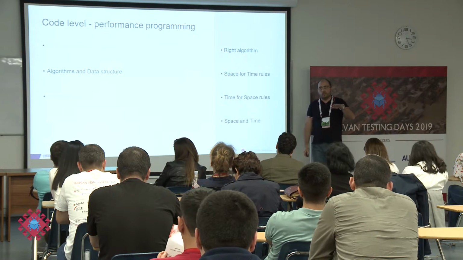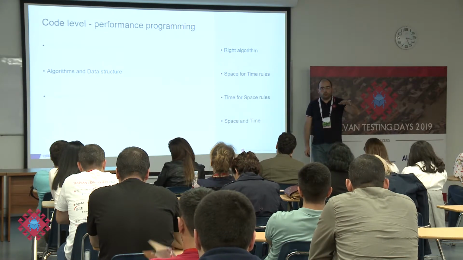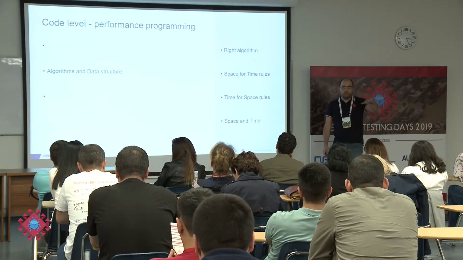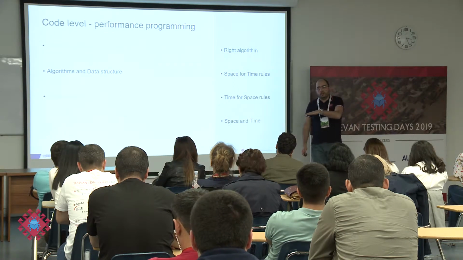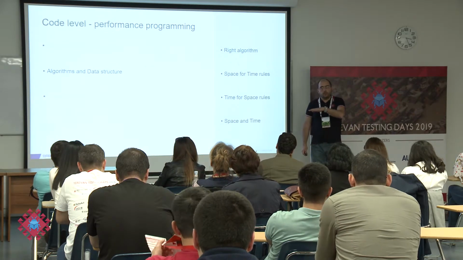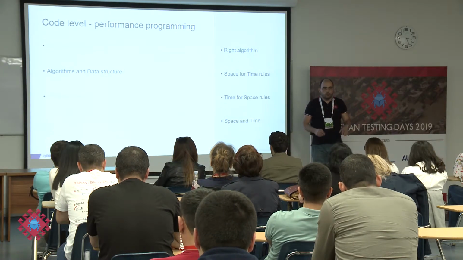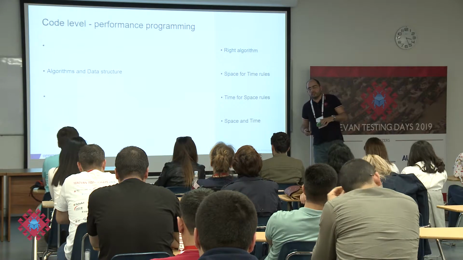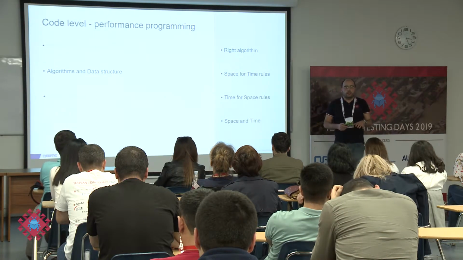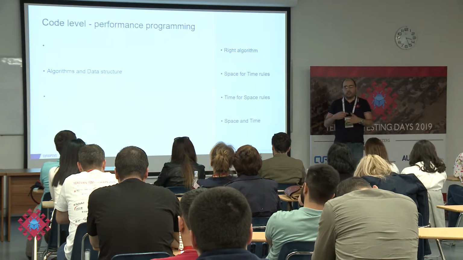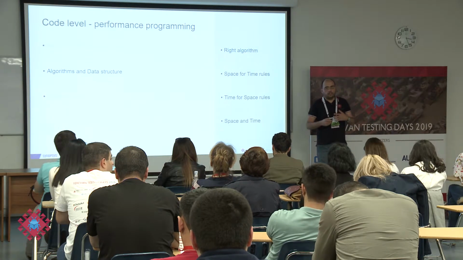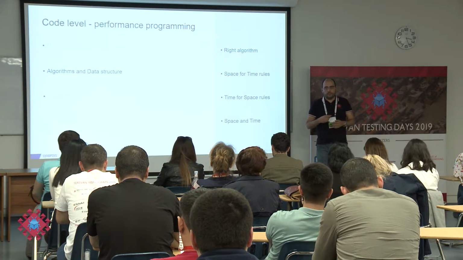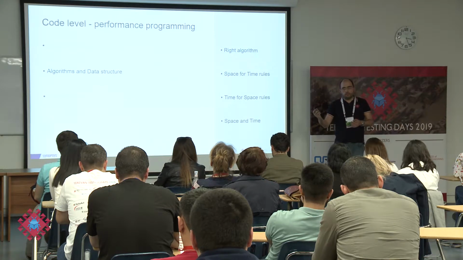What does it mean, space and time? Space means allocating more memory. Time means using more CPU. I can give an example. Let's say you have a loop and you are calculating something over and over. This is time.